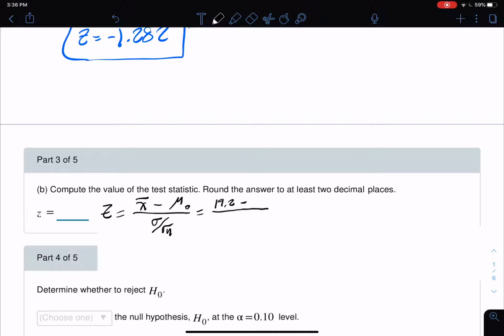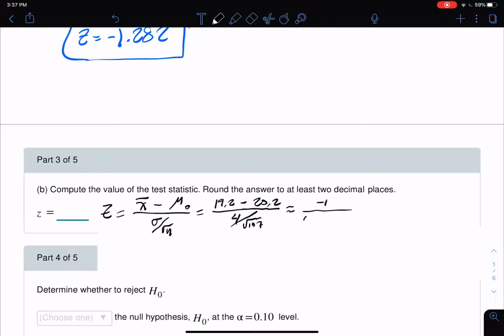My population mean from the null hypothesis was 20.2. And I need to divide this by the population standard deviation 4, divided by the square root of the sample size, which was 107. So in the numerator, I'm going to get a -1 when I subtract that.